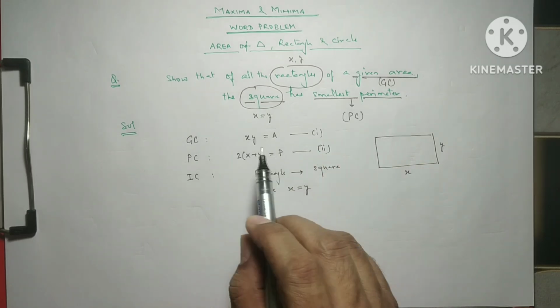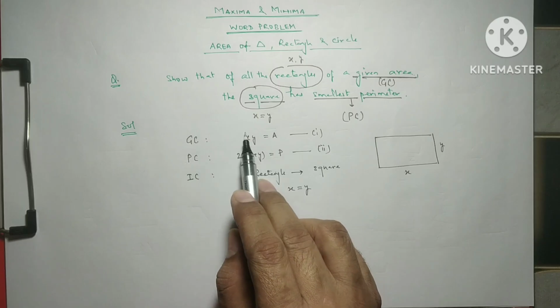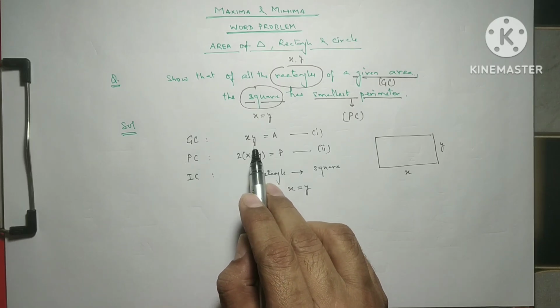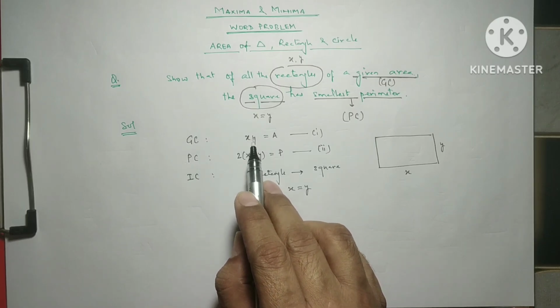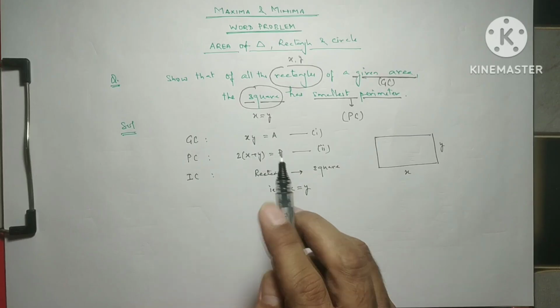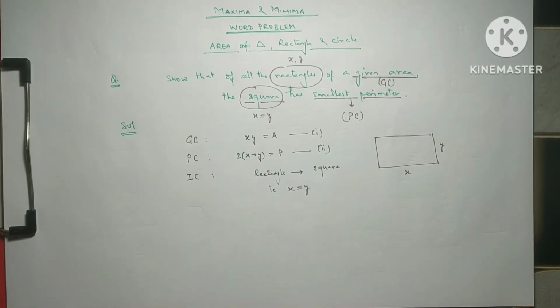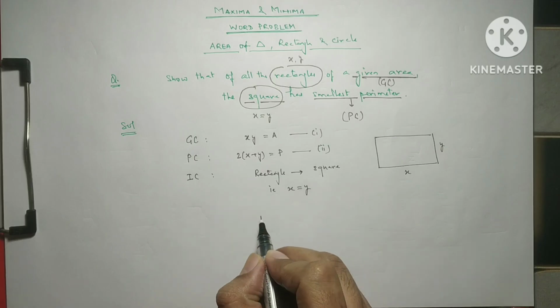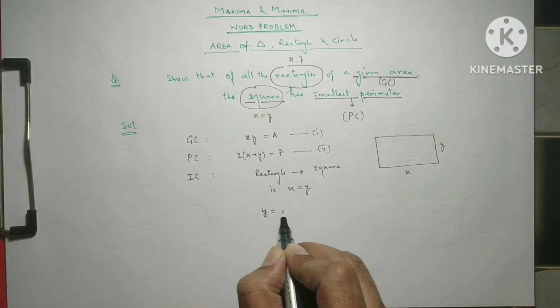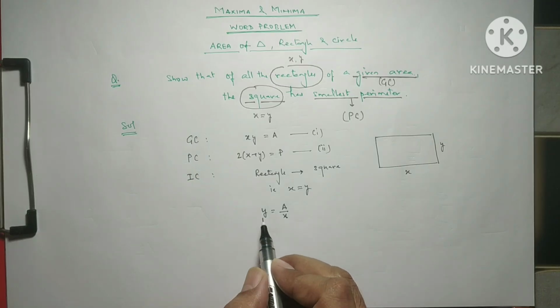So first we use the given condition, and this is in two variables. First we convert this into one variable. So first we collect the value of y: y equals a over x.